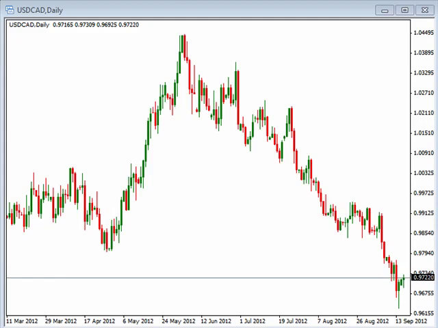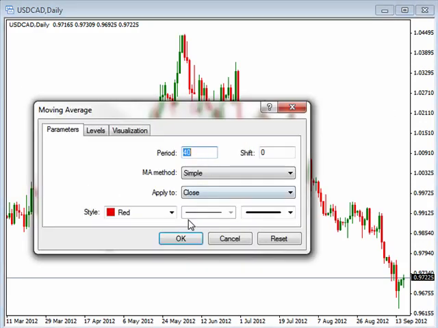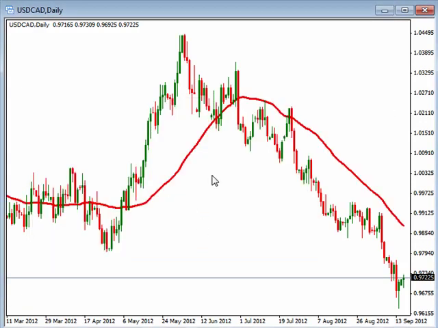Now, what we're going to do today is we're just going to take a look here at what's been happening long term with the various currencies. We're going to start here with the daily chart of the USD/CAD. Now, in order to really get a sense of the direction, we're going to put on here just a 40-period simple moving average.